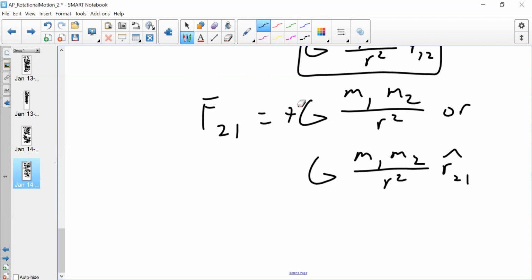It's going to the right, or we can write it in the standard unit vector notation, where R21 means to the right towards mass 2. That's the basic equation there.